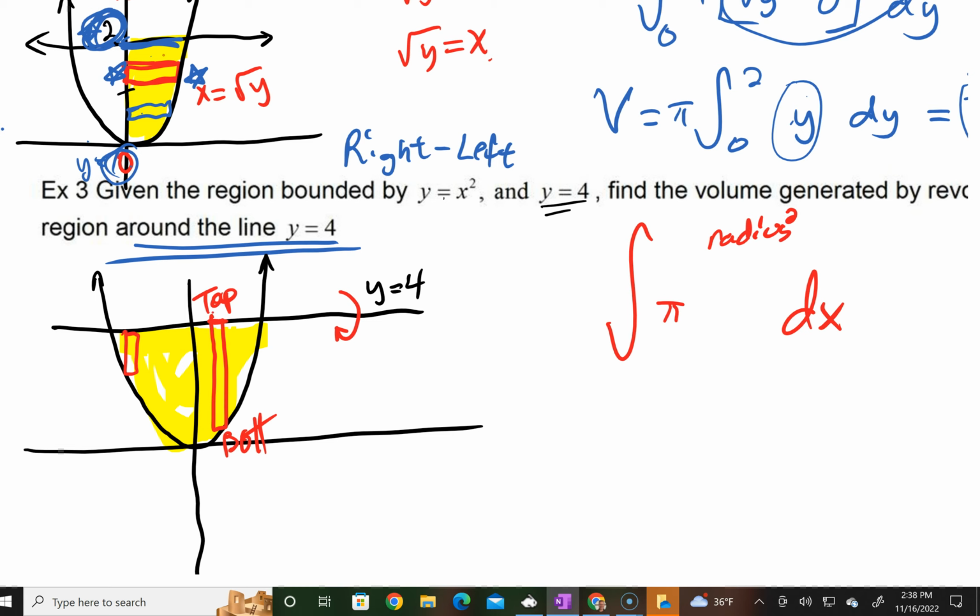What's the top that we have in this? It's y equals 4 minus, because it's top minus bottom. What's the bottom? 0. And then you're squaring that whole thing. You see what we just did? Top minus bottom is for this radius. This was our top. This was our bottom.